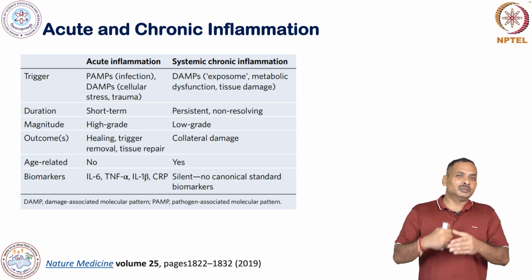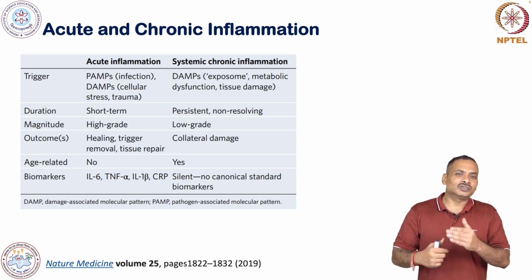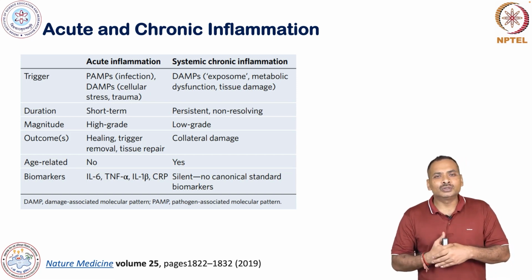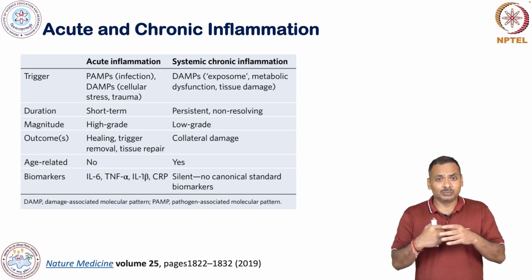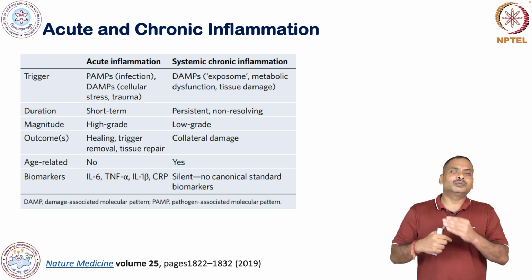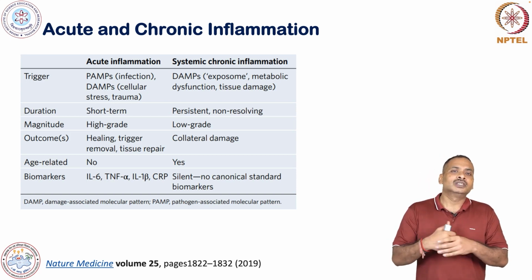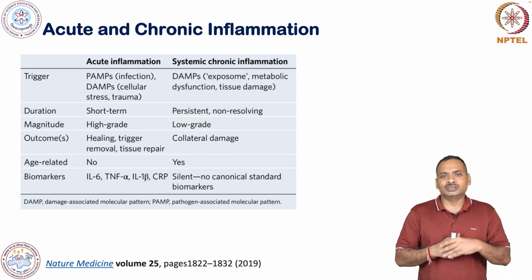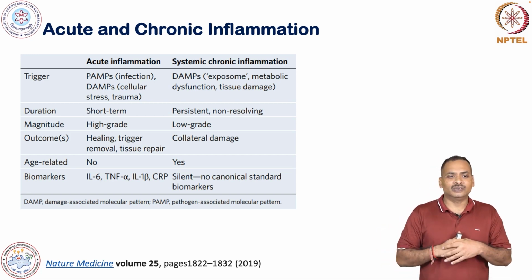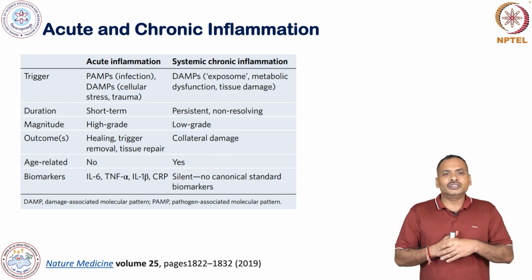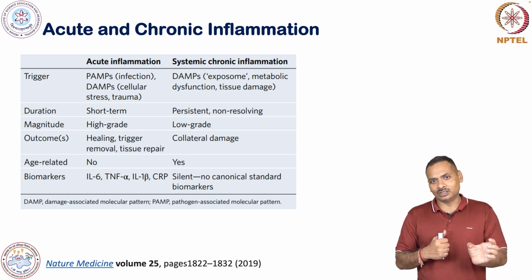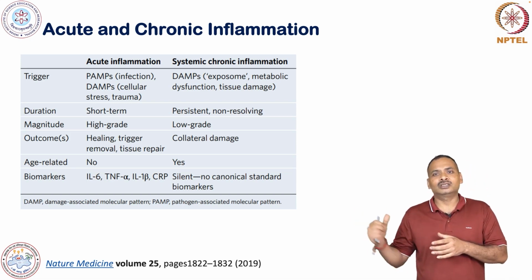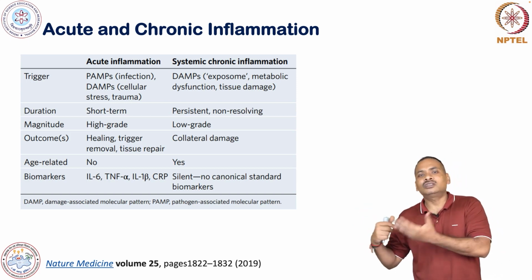There is a release of some molecules by damaged cartilage or damaged bone cells, which will keep on being produced and keep on inducing inflammation. So that will result in chronic inflammation. If you look at the duration, acute is, as I told you, very short term, and chronic is very long term, persisting and not resolving.